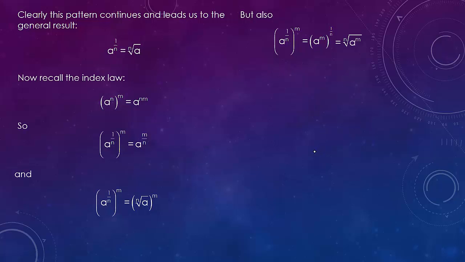And that leads us to our final index law, which is that a to the m over n is equal to the nth root of a to the power m, which is also equal to the nth root of a to the m.